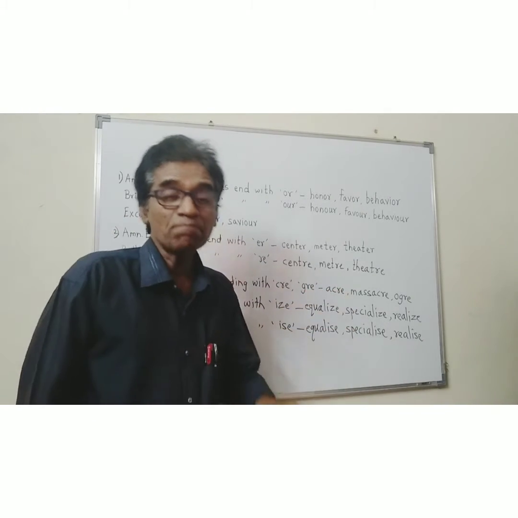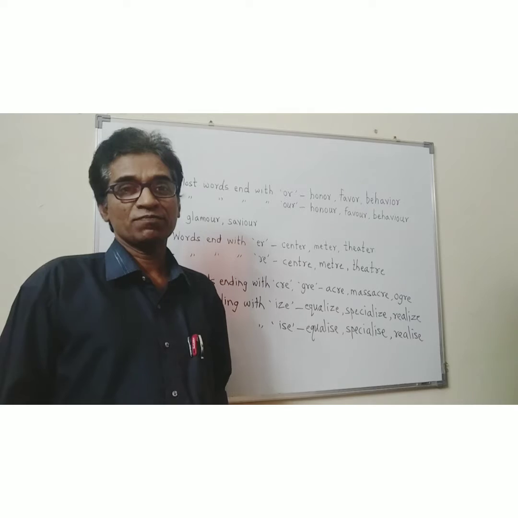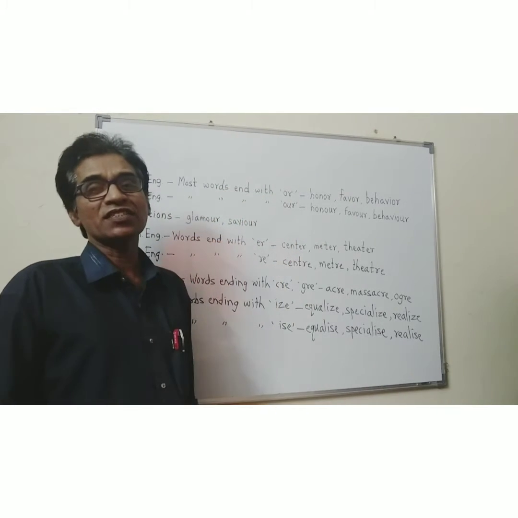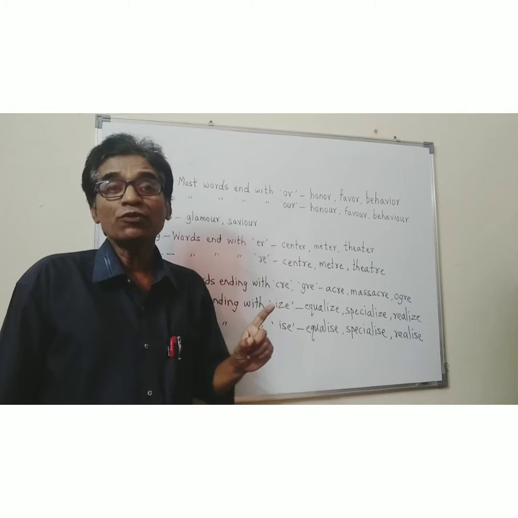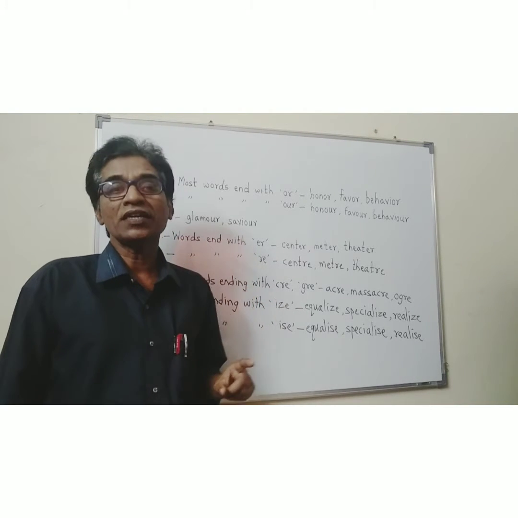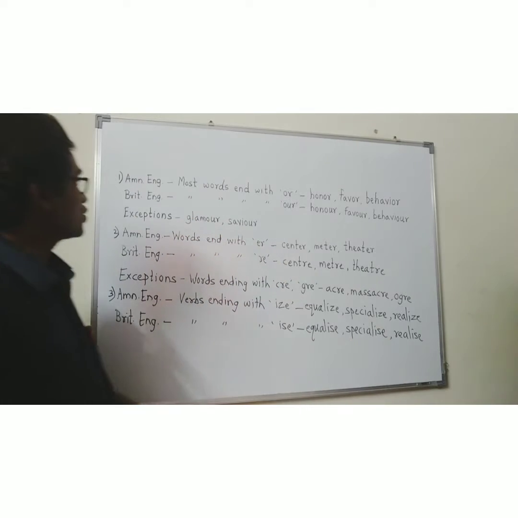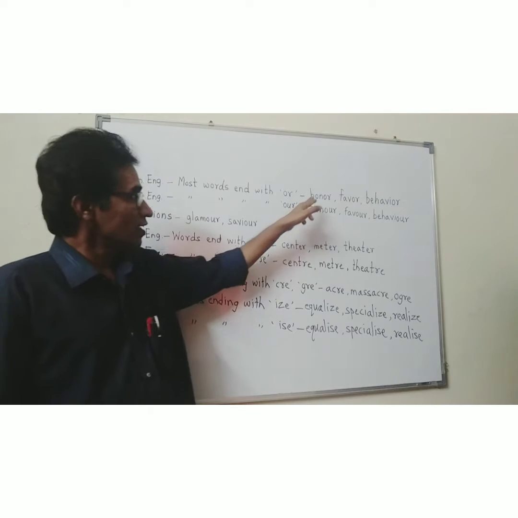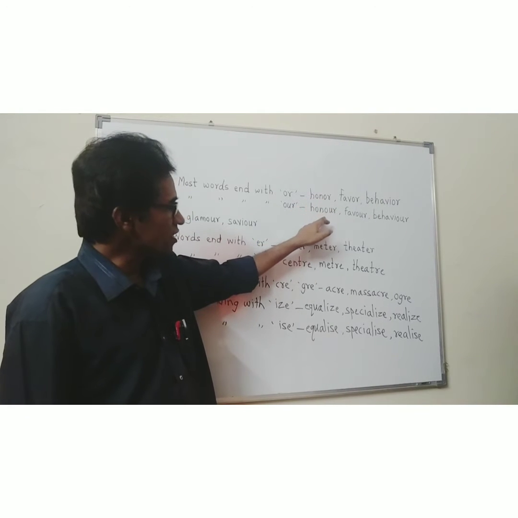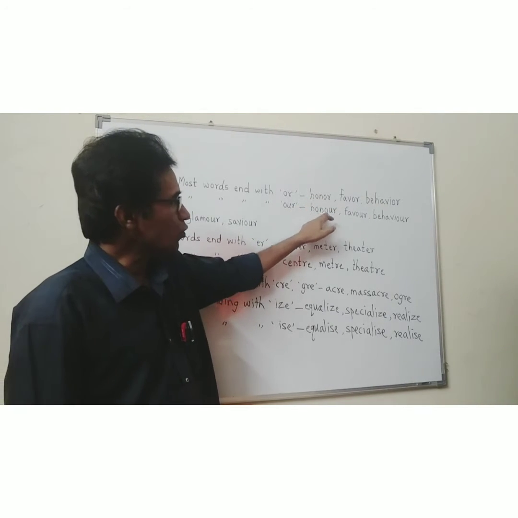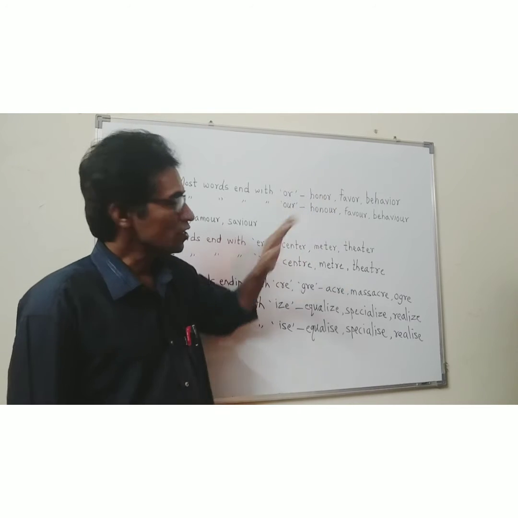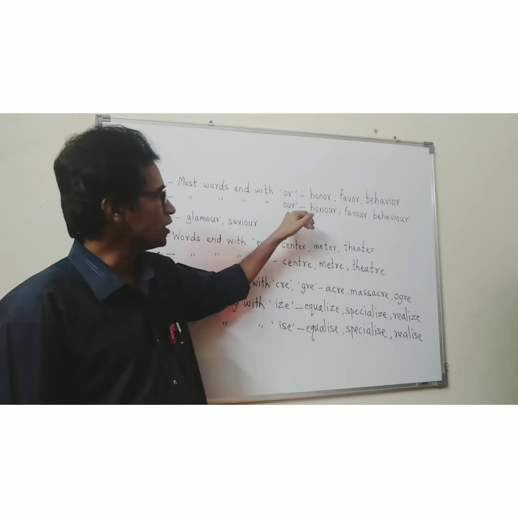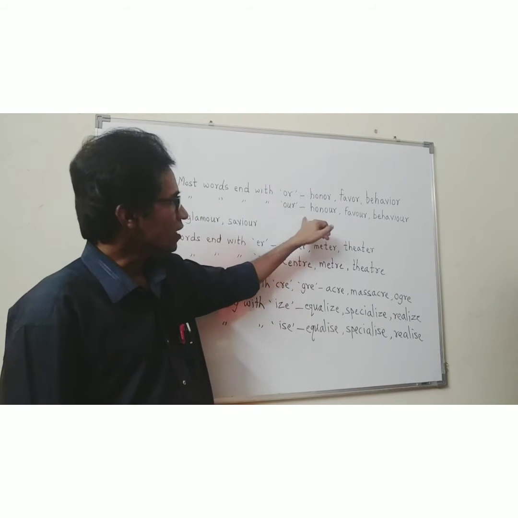But the same words which end with OR in American English end with OUR in British English. Most words end with OUR. Honour, favour, behaviour: here U is not used in American English, but in British English U is used.